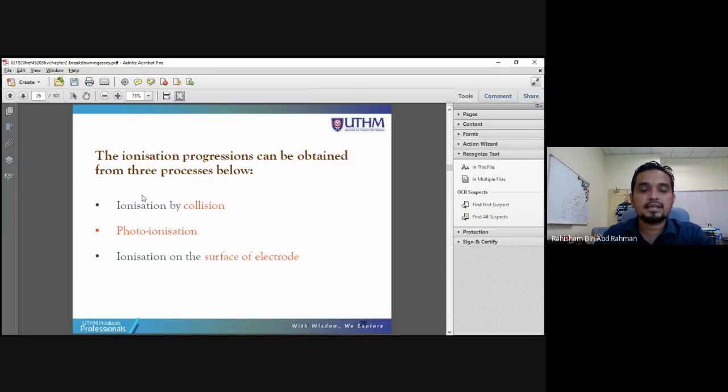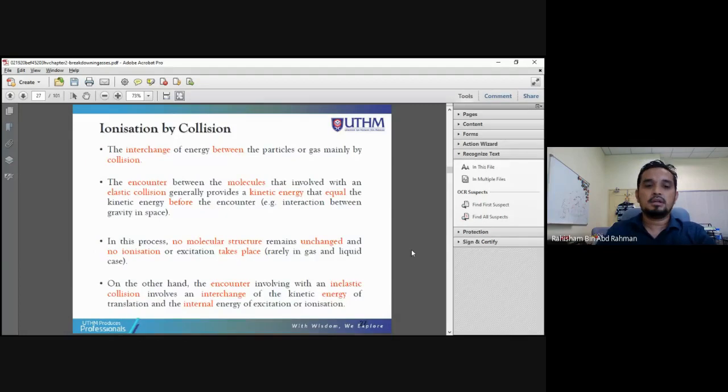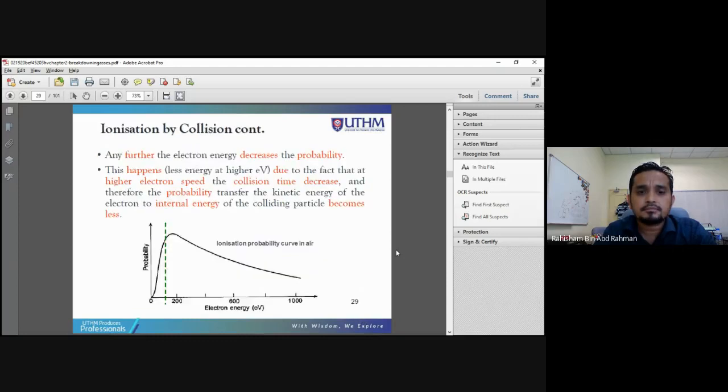Okay, so try to have a gist: what is ionization by collisions, what is photoionization, what is ionization at the surface of the electrode. I don't want to repeat this, of course. At least you need to know what ionization by collision is and how this process happens.